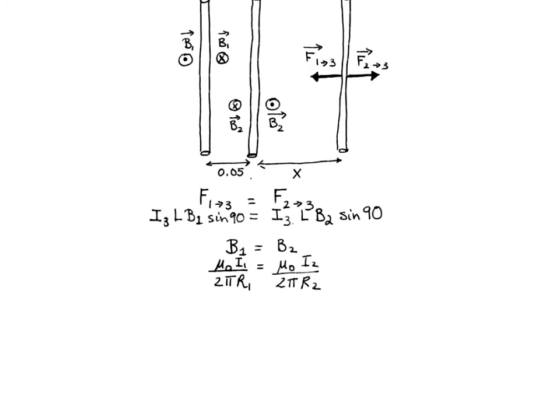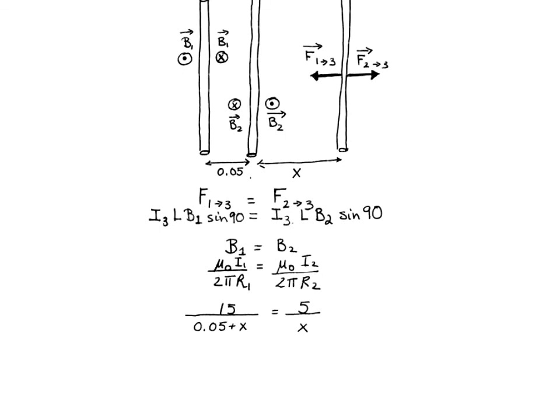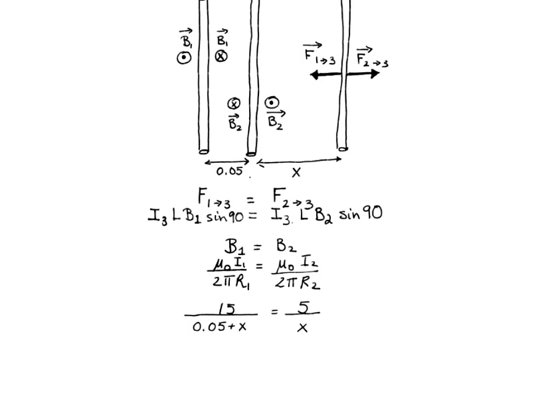Now, the constants mu0 and 2 pi on both sides cancel out. I1 is 15 amperes, and the distance between wire 1 and the position of wire 3 is 5 centimeters plus x. So 0.05 plus x in meters. The current in wire 2 is 5 amperes, and the distance between wire 2 and the position of wire 3 is x.